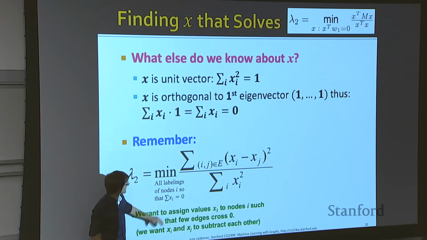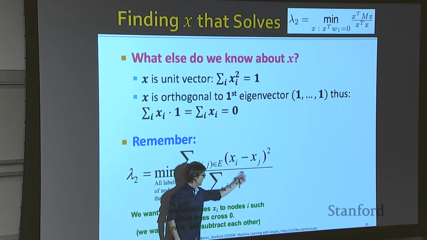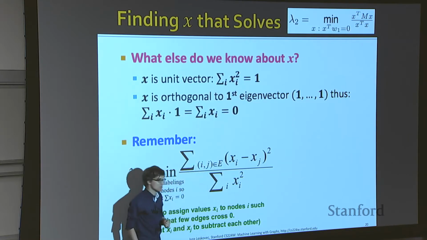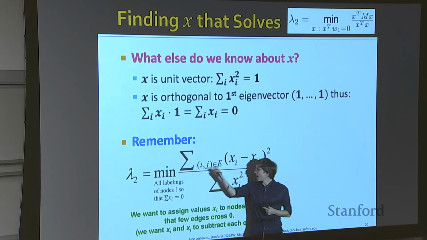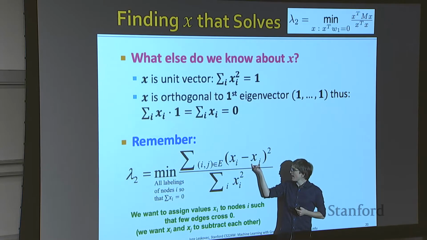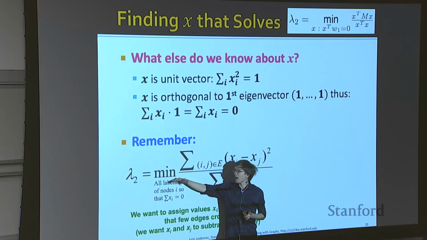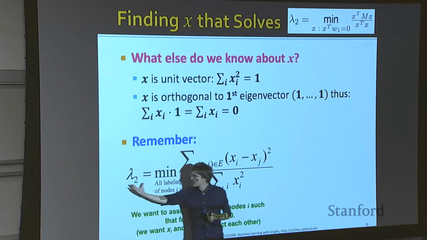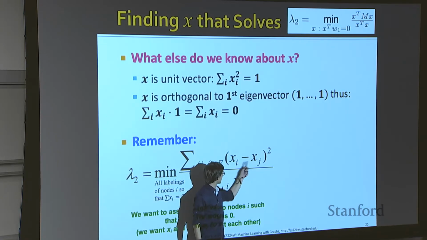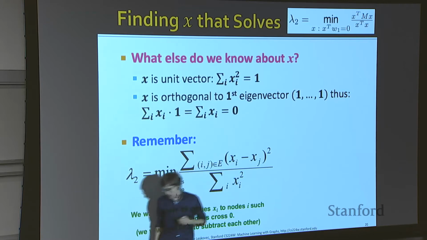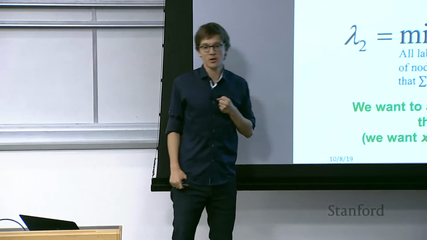Find a vector x such that its components sum to 0, such that its Euclidean length equals 1, and in such a way that when I go over the edges of the graph, the value of node i minus the value at node j squared, the sum over these things, is as small as possible. And the value of the sum equals the value of the second smallest eigenvalue. And the vector that gives me this solution is the eigenvector corresponding to the second smallest eigenvalue.